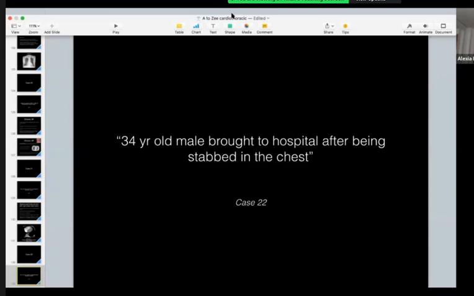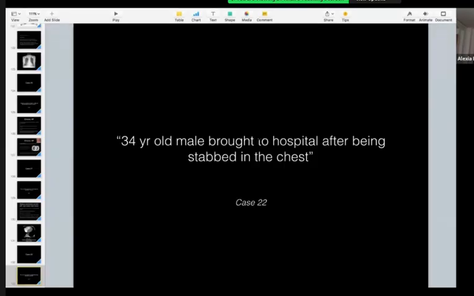Case 22. That's the history for you. Yep. 34-year-old male who was brought to the hospital after being stabbed in the chest.